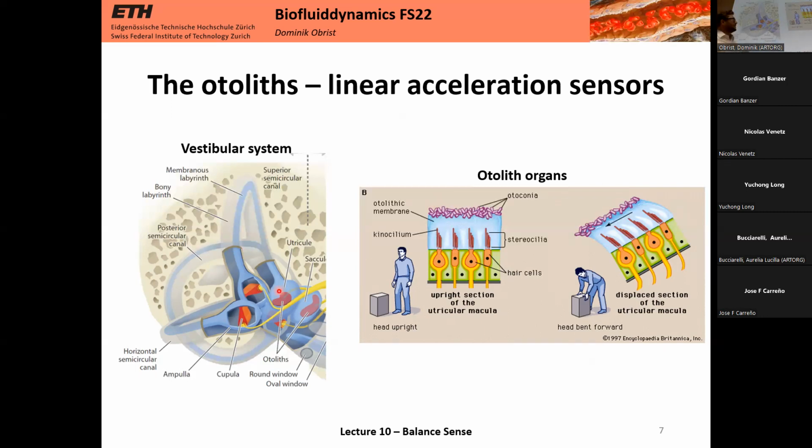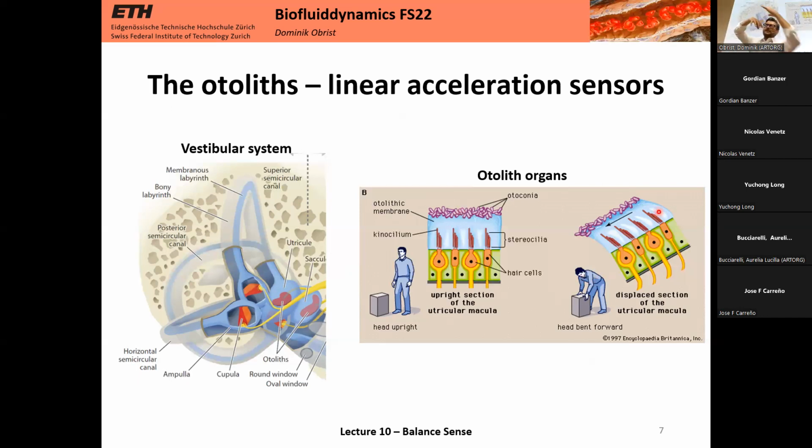So actually their specific weight is 2.7 times that of the endolymph, or 2.7 times that of water. So what happens if we tilt our head, like that person here on the right-hand side?